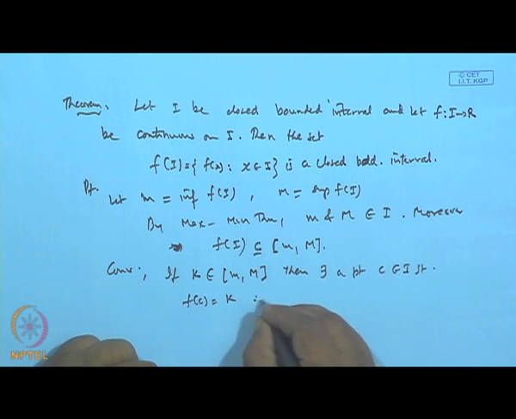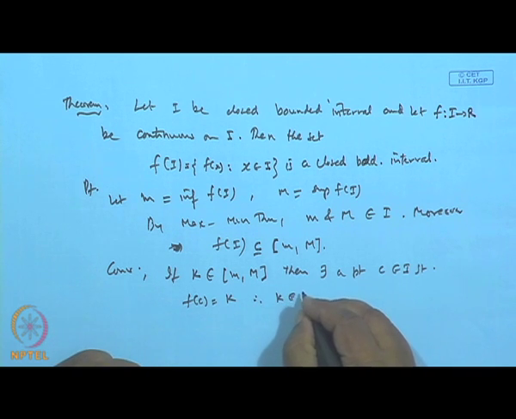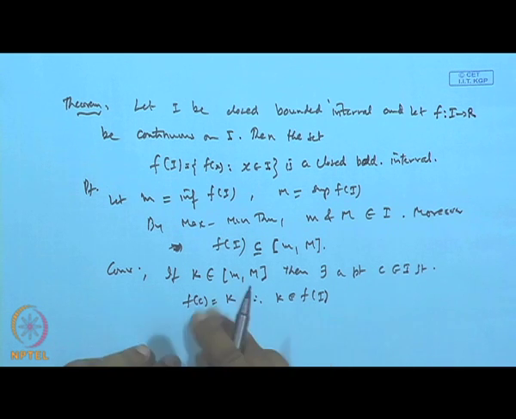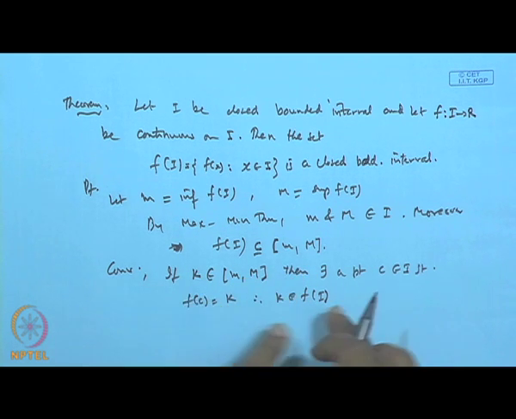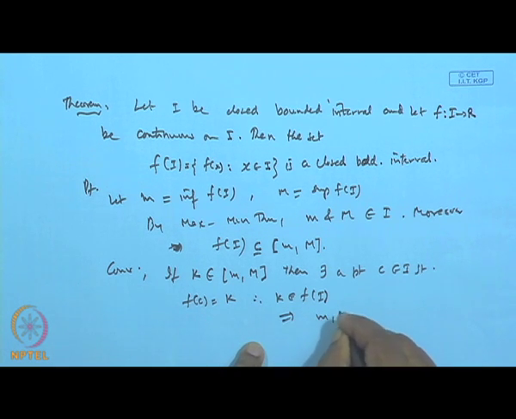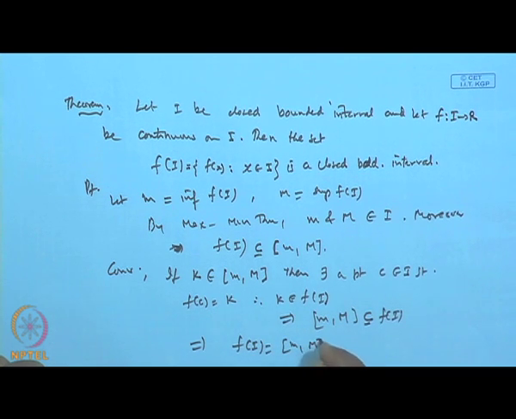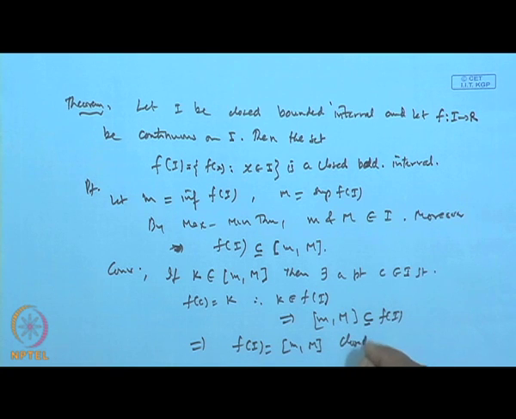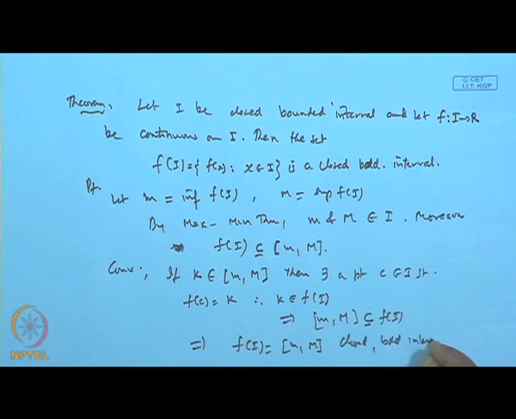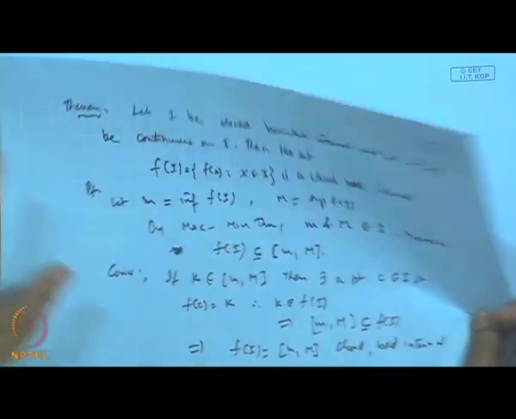It means k is an element of f of I. So, we conclude that any value in between m and M is also contained in f of I. Therefore, the closed interval [m, M] is contained in f of I. Combining these two, we get that f of I is nothing but [m, M], a closed bounded interval. That is, the image of a closed bounded interval under a continuous function is closed and bounded.